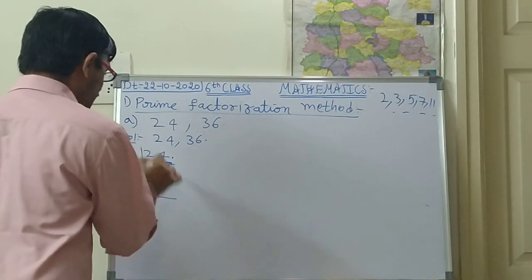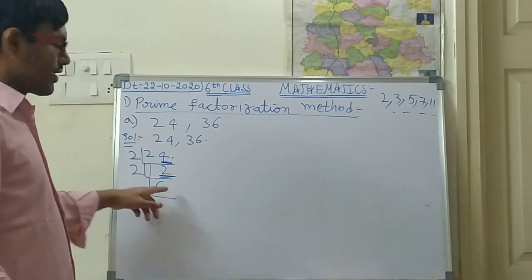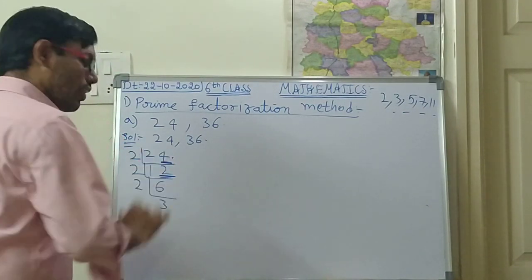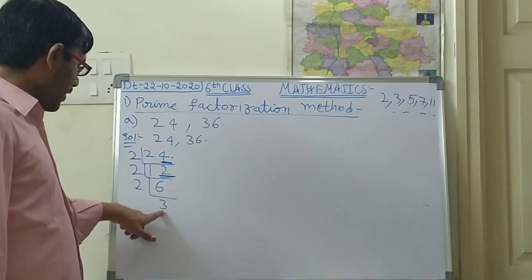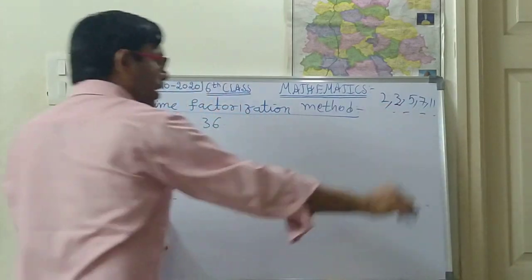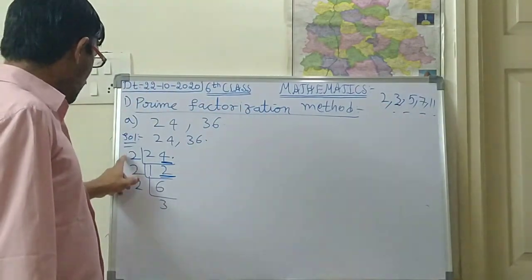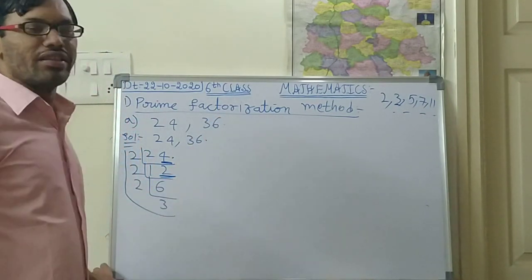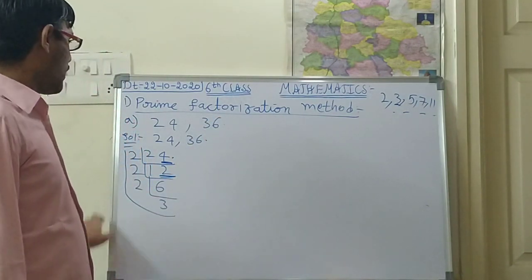Next, is 6 going in the 2 table or not? Yes, it is going. So 2 3s are 6. So what is this number? 3 is also a prime number. So 3 is the next prime number after 2. Okay, so if you are seeing all these numbers as prime numbers, then that is your answer.